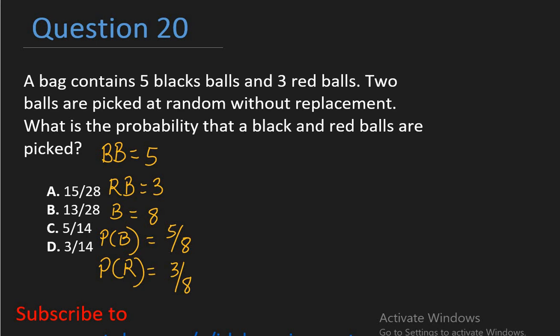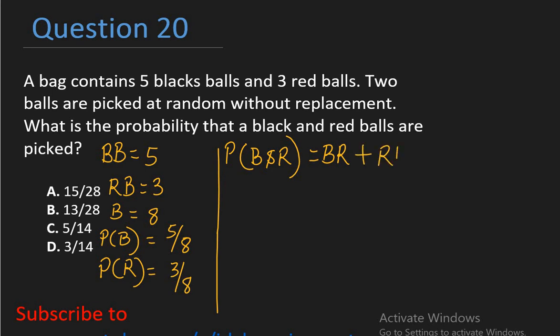Now, what is the probability that a black and a red ball are picked? The probability of picking a black and a red ball will simply be the probability of black times the probability of red plus the probability of red times the probability of black.